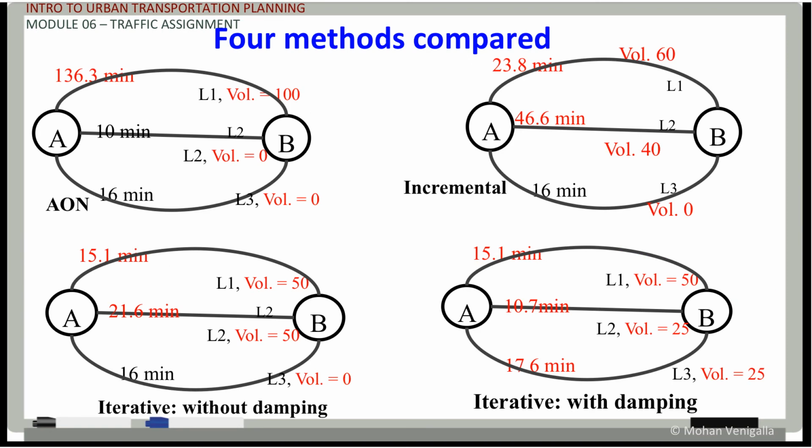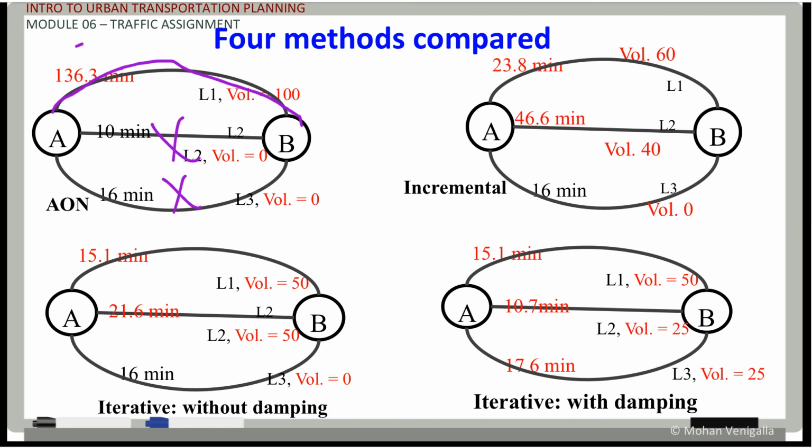So take a good moment to look at the final assignments using each method. The very first one we did was all or nothing. Everything went on this route and nothing on this. But that jacked up the travel time on link 1 to 136.